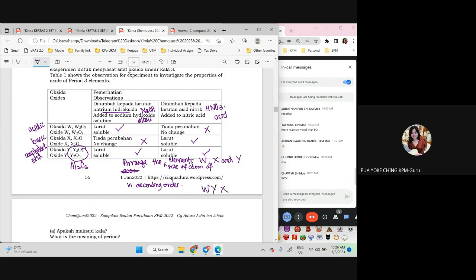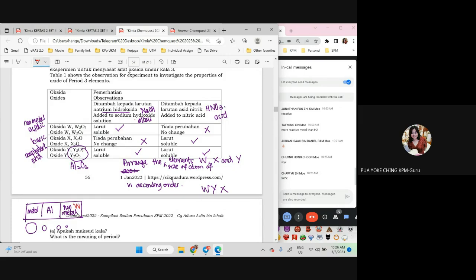You must remember, if acidic, this is non-metal. So when you put into the periodic table, here is metal, aluminium must be in your middle, and here is your non-metal. So size will be from big to small.